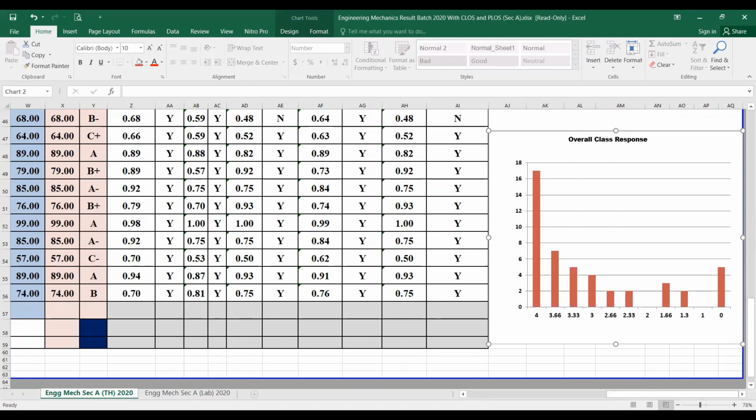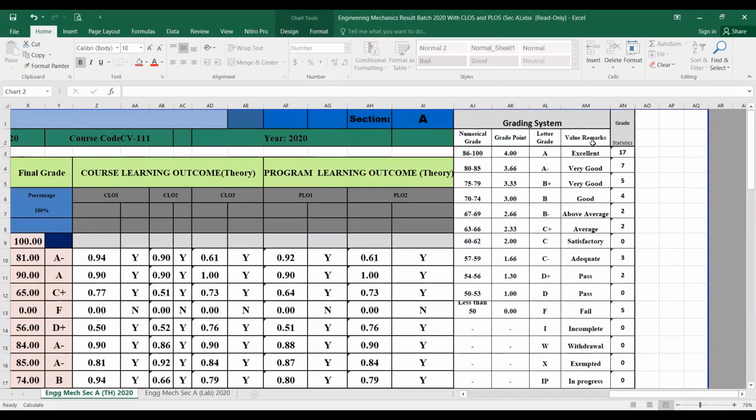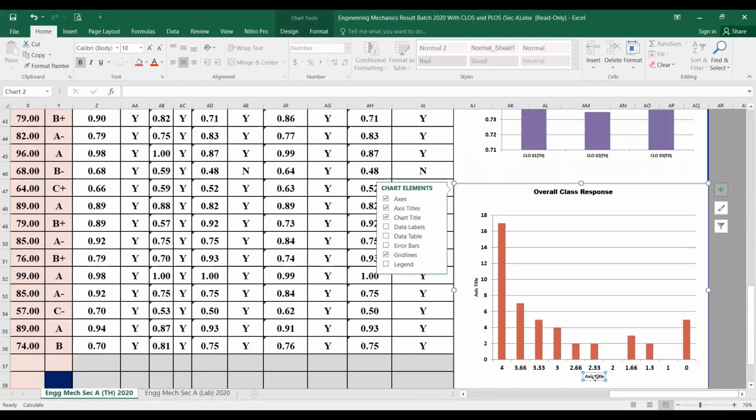And one more thing, if you want to add graphs over here, if you want to put axis titles, you can put them. For example, here I have taken the number of grading, you can say grade statistics, I can put it, and here I can put grade point.